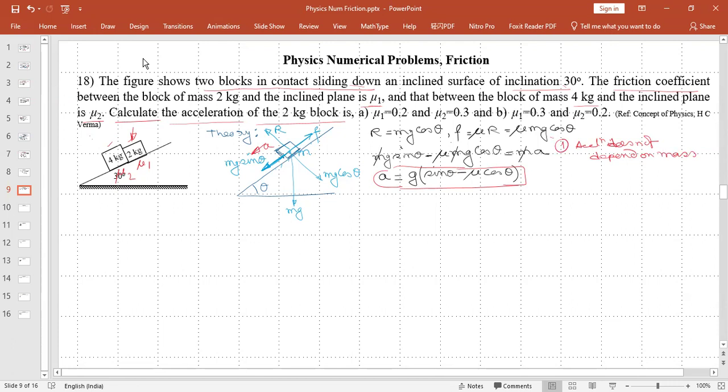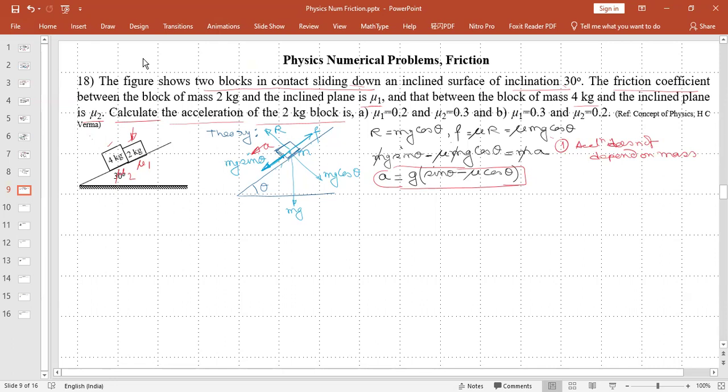Whenever a body is trying to slip down an inclined plane, its motion is independent of its mass. It will take up the same acceleration whether it is a 2 kg body or a 4 kg body or a 10 kg body.